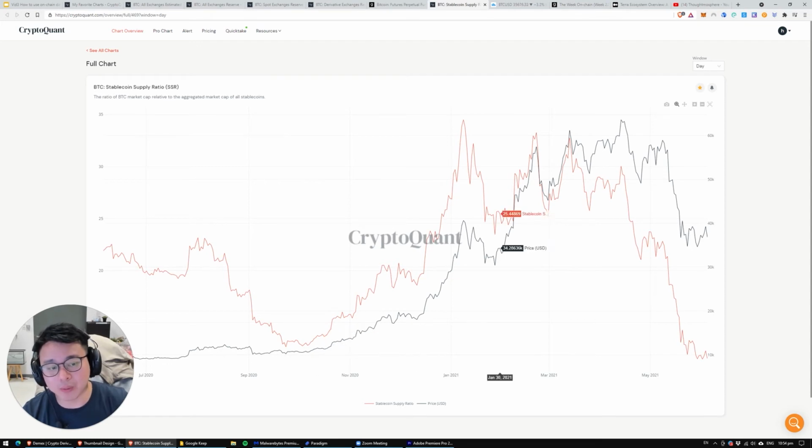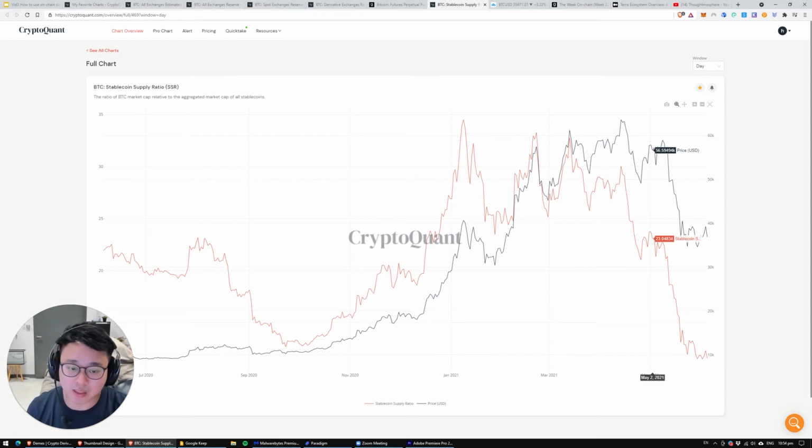Some people might assume that when SSR goes lower, it means that the amount of stablecoin ready to buy Bitcoin increases, which is not wrong. But another way to look at this is that you need to have more stablecoins minted in order to prepare for a potential dumping of Bitcoin into the market, because you need more stablecoin to absorb Bitcoin's price.